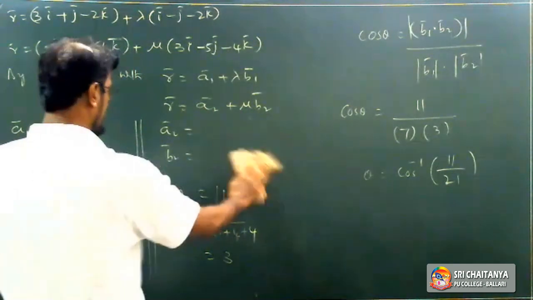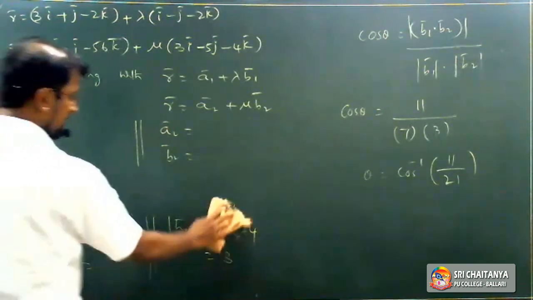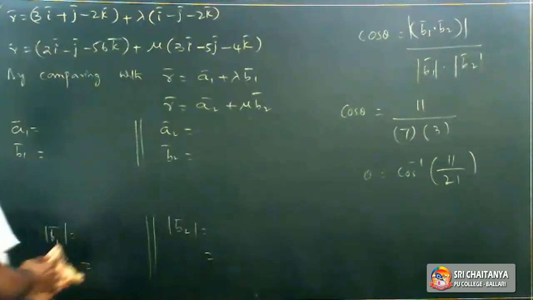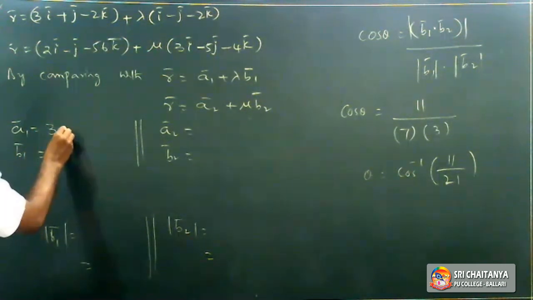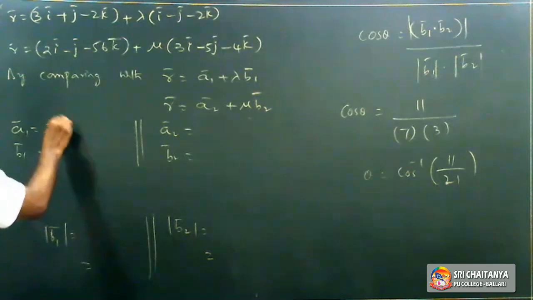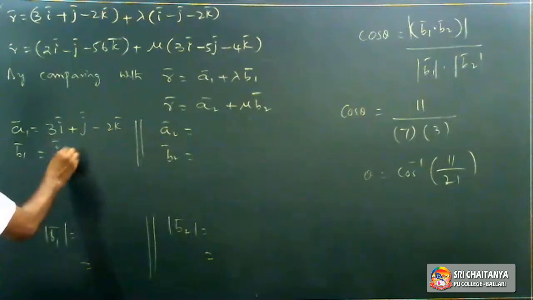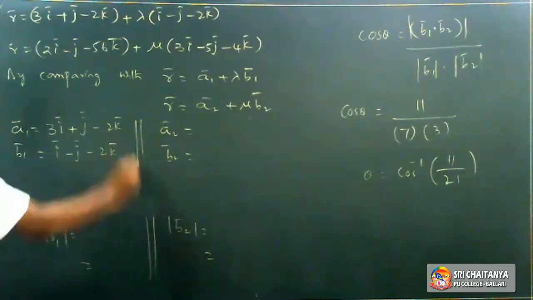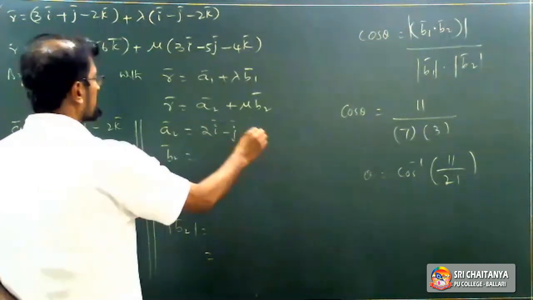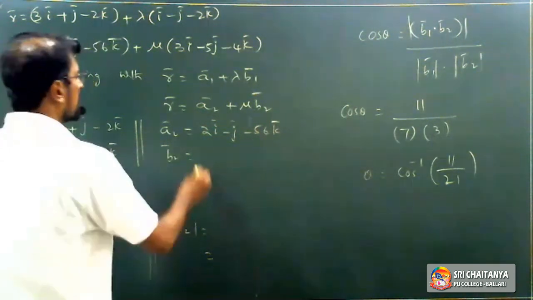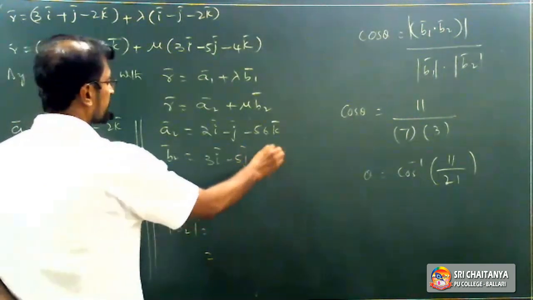Now, observe, by comparing, A1 is equal to 3i plus j minus 2k, B1 is equal to i minus j minus 2k bar, A2 is equal to 2i bar minus j bar minus 56k bar, and B2 is equal to 3i minus 5j bar minus 4k bar.